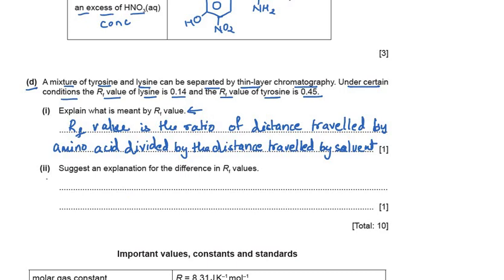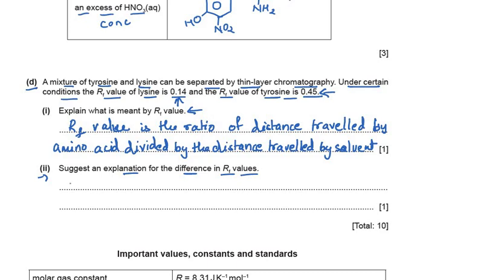And next sub question says, suggest an explanation for the difference in the RF value. Now we can see that the RF value of tyrosine is greater and the RF value of lysine is very less. Now if tyrosine is having higher RF value, that shows that the tyrosine was adsorbed less on the thin layer chromatography plate.